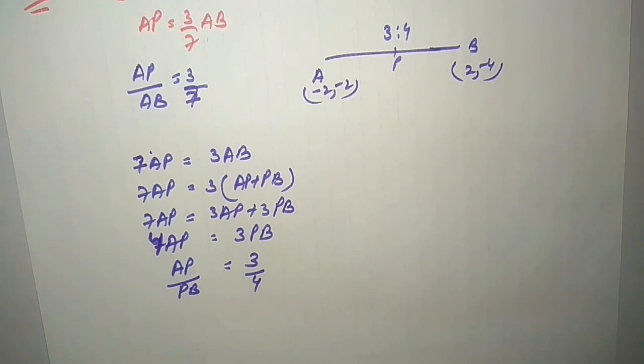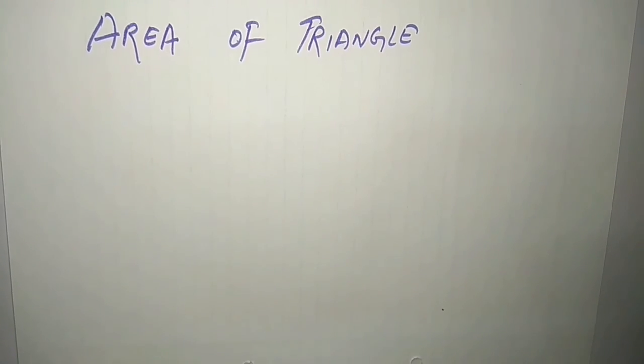This is all about exercise 7.2. Now exercise 7.3 is very easy. In this we have to use only one formula: the area of a triangle.